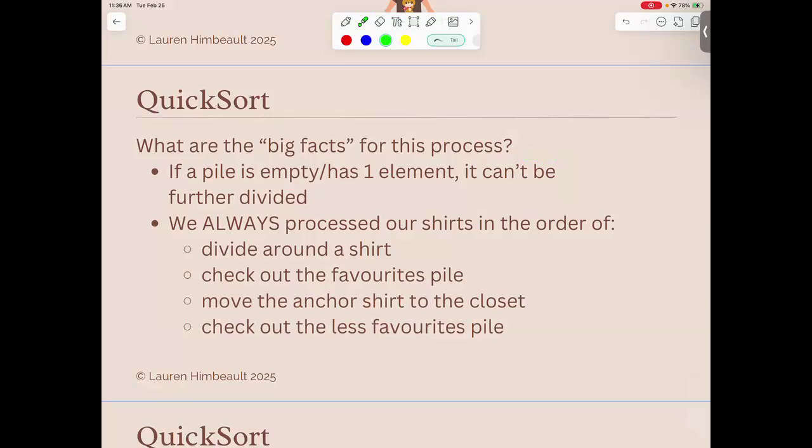We also know that we always processed our shirts in the order of: divide around a given shirt, then go check out our favorites pile, then we moved our anchor shirt into our closet, then we checked out our less favorites pile, right? That was the order in which we did things when we were doing our combining. So we went all the way down. This divide was like divide faves, divide uglies.